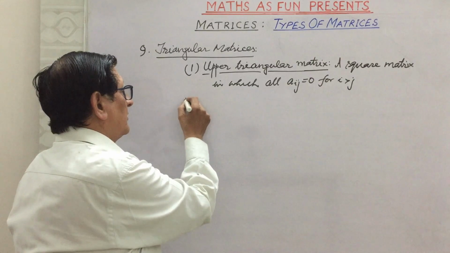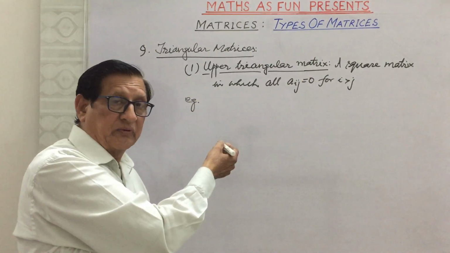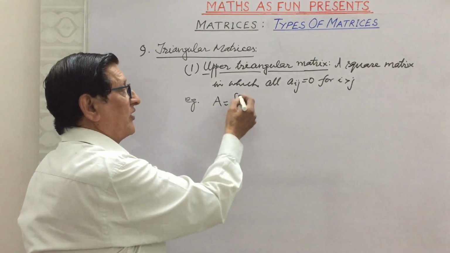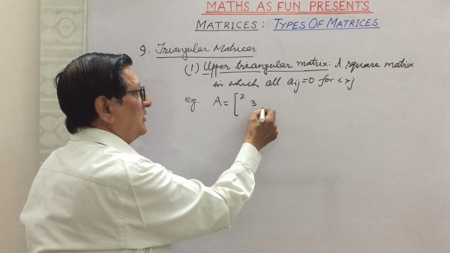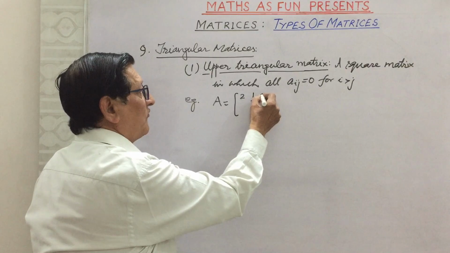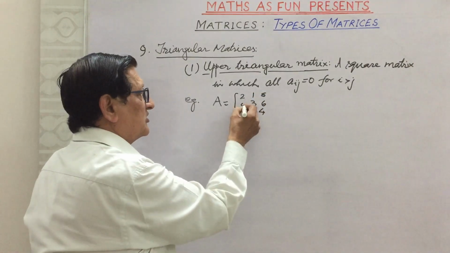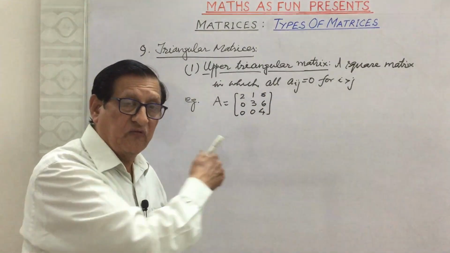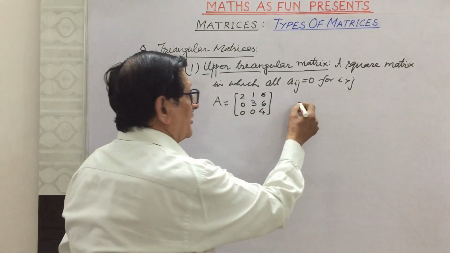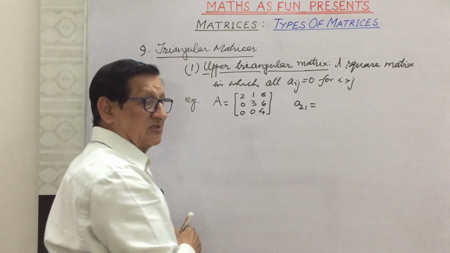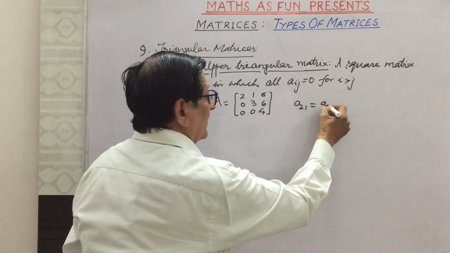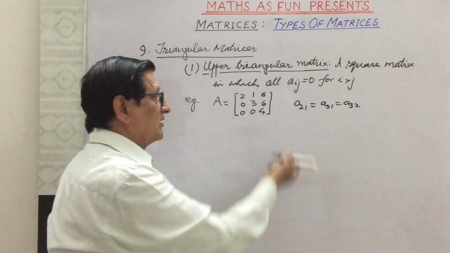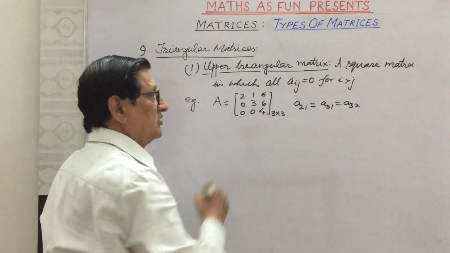For example, we understand it by the example. We have a matrix A in which we find the elements 2, 3, 4, 1, 5, 6, 0, 0, 0. What we find here? A21 is 0, A31 is 0, A32 is 0 in the matrix of order 3 into 3.